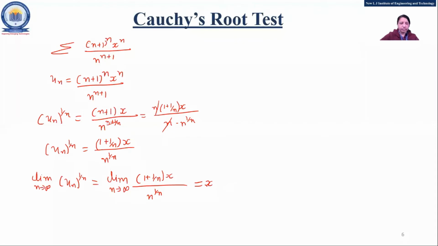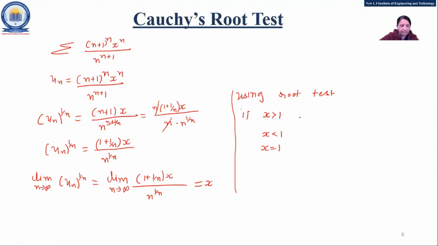Now x is there. So using the root test, what can we say? There are 3 possibilities: x less than 1, greater than 1, and equal to 1.